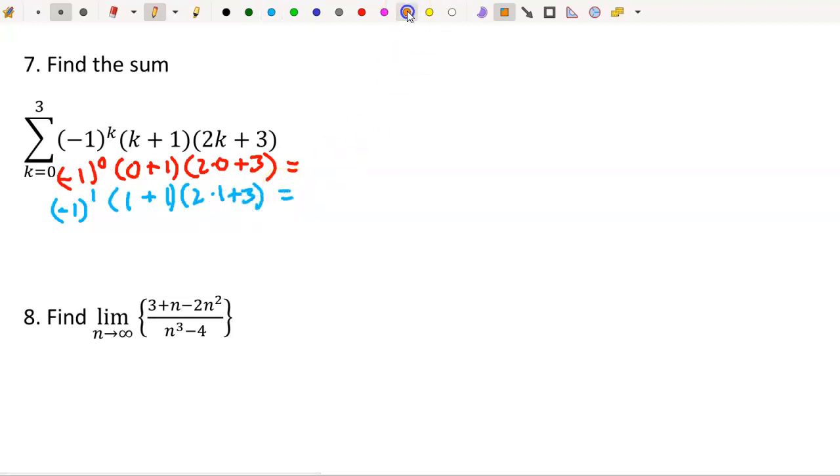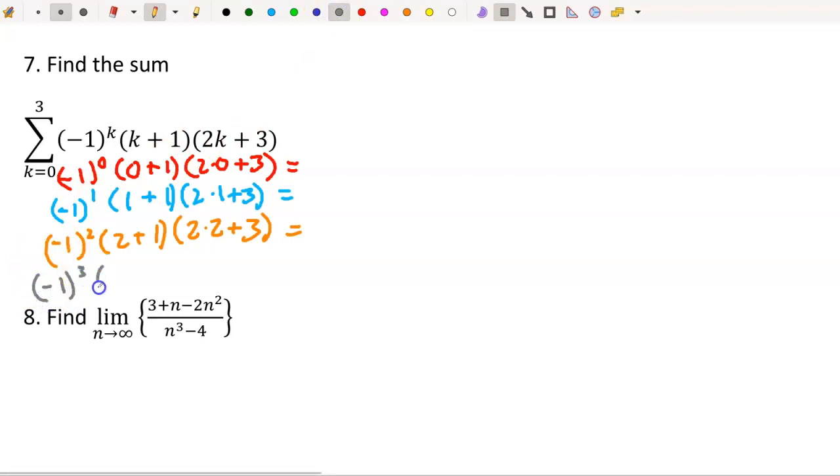Find out what that equals, and then keep going. -1 to the second, 2 plus 1, and 2 times 2 plus 3. Find out what that equals. And then we have our last term, which is to the third power: 3 plus 1, and 2 times 3 plus 3.